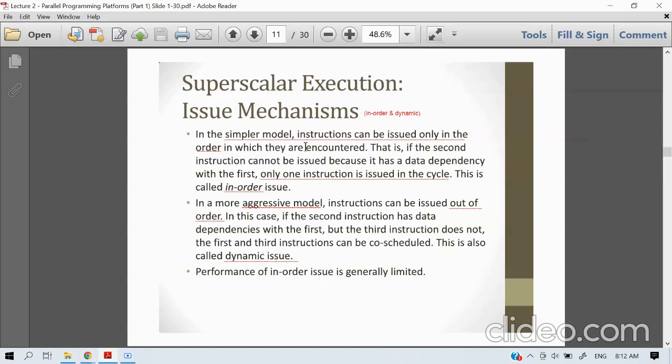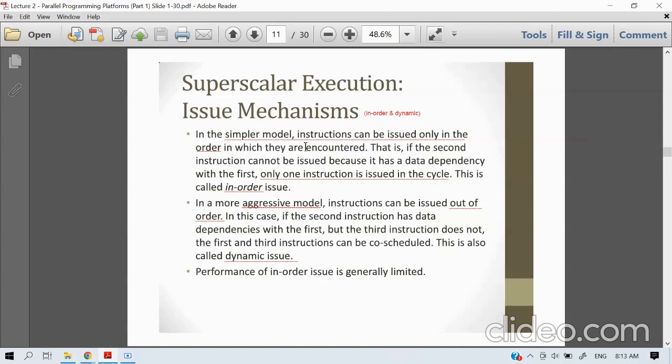In-order is actually a simpler model whereby the instructions can be issued only in the order in which they are encountered, which means if the second instruction cannot be issued because it has a data dependency with the first, only one instruction is issued in the cycle. So the second instruction needs to wait for the first instruction to be executed.